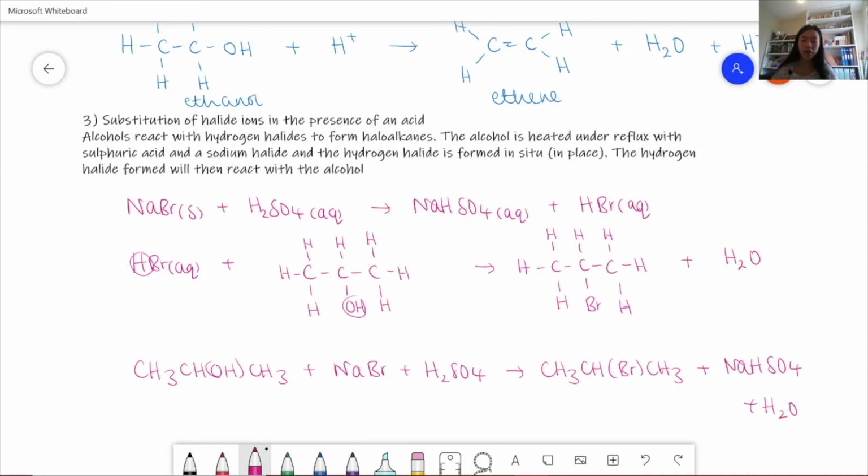So here we have propan-2-ol, and then we have 2-bromopropane.